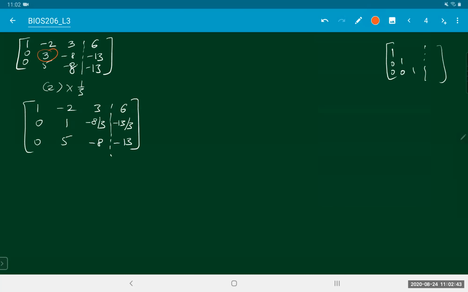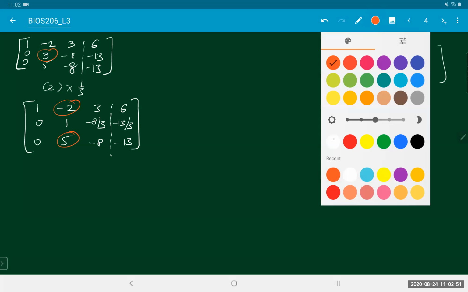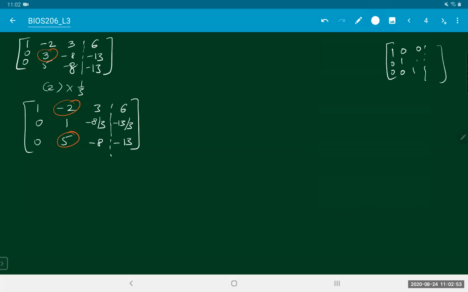Now, how should I make this 0? In fact, I can make this 0 and I can make this also 0. Life will become even better if I can convert this matrix into an identity matrix with 1s along the diagonal and 0s everywhere else. Any idea how I should do this?